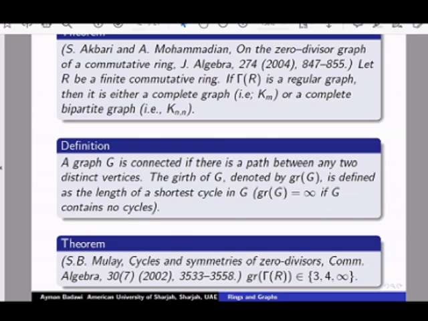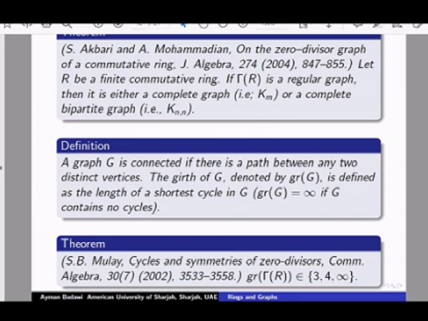Anderson and Livingston proved that the girth has to be less than or equal to 7. And they were able to give examples for a zero divisor graph with girth 3 or infinity.